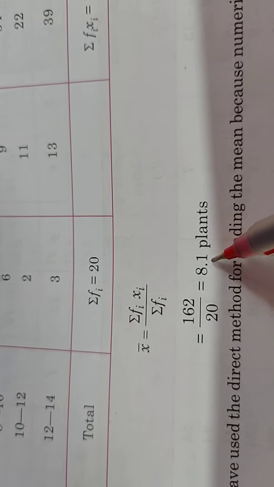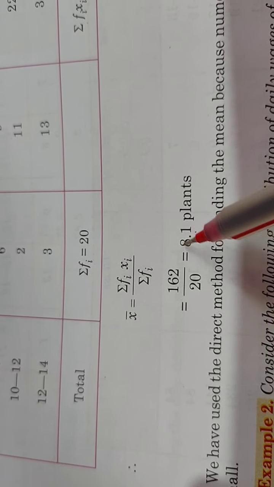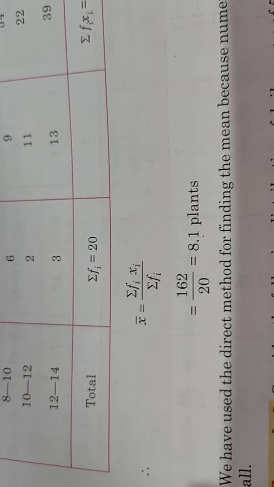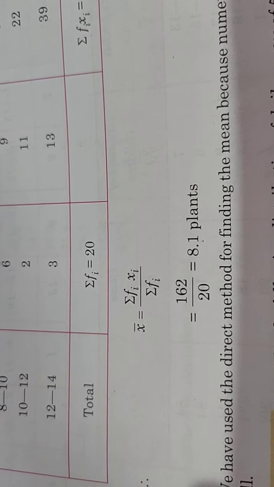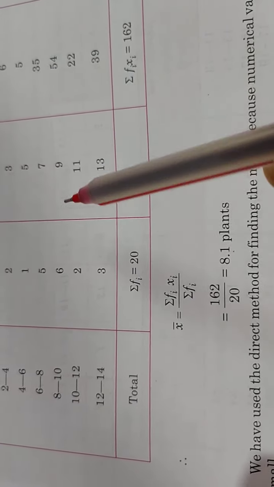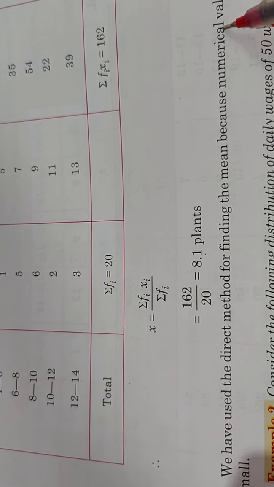Okay, so 8.1. So we get the average. This is 8.1. In this way we can apply the direct method of finding the mean. And when these values are small, in that case we can use the direct method.